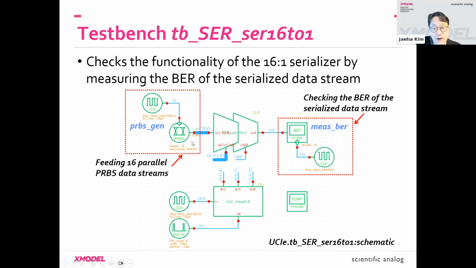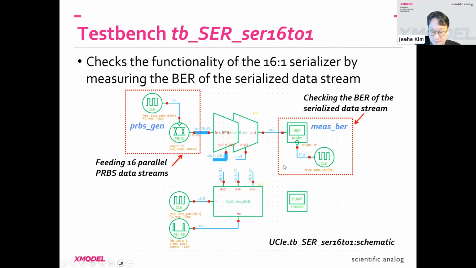And the nice property of PRBS is that when you serialize the PRBS, you also get a PRBS with the same pattern. So you can use the measure_BR primitive, which checks the validity of the PRBS pattern of a given length. It doesn't need to know whether it has been serialized or not, because it looks the same. That's very interesting.